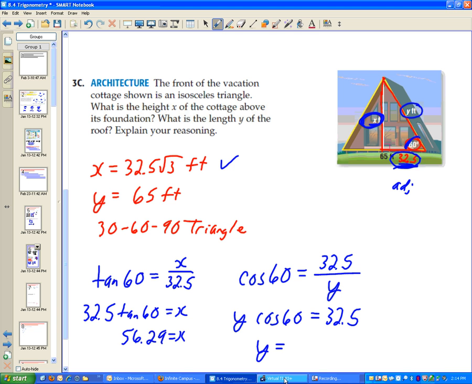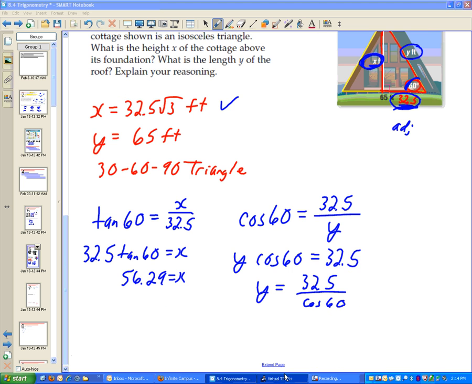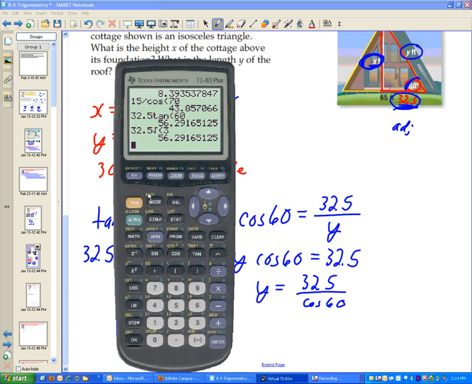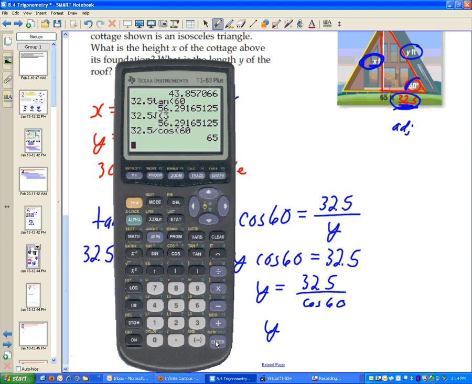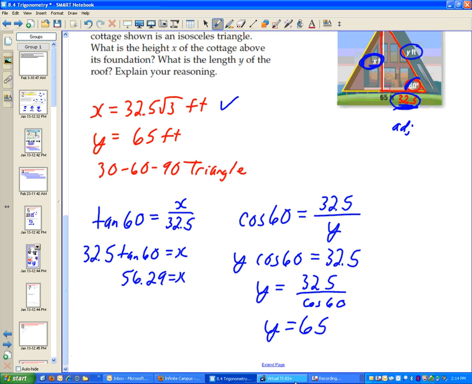Then divide by the cosine of 60. And let's see what we get. 32.5 divided by cosine of 60. Ooh, that makes me nervous. But that's what I got that way, so it's okay.